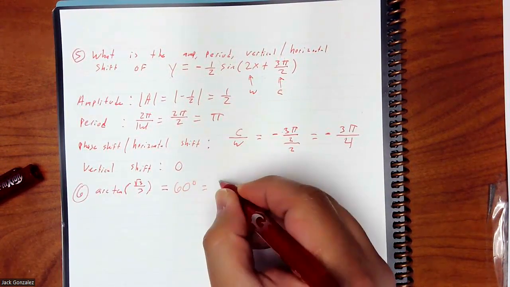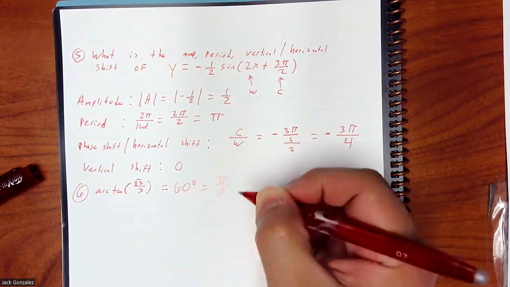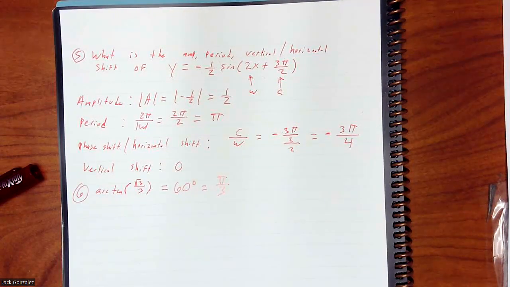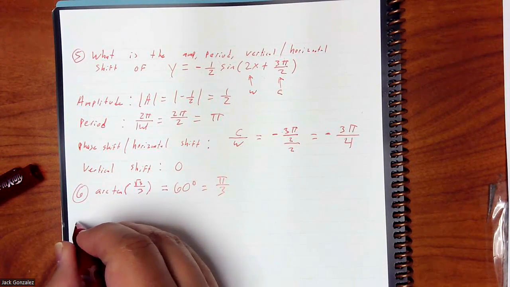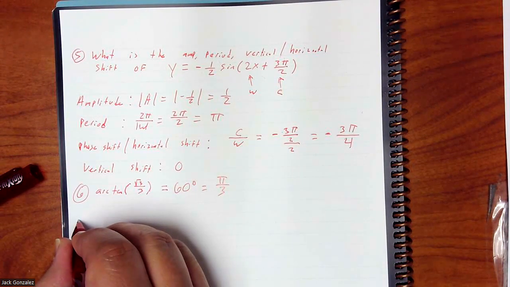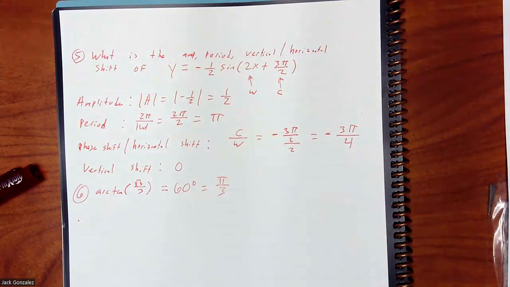Or pi over 3. There's not much to say there. We just have to look at the circle and divide sine over cosine.